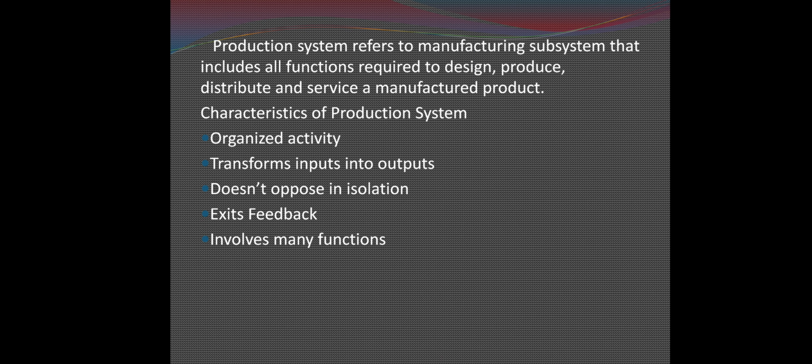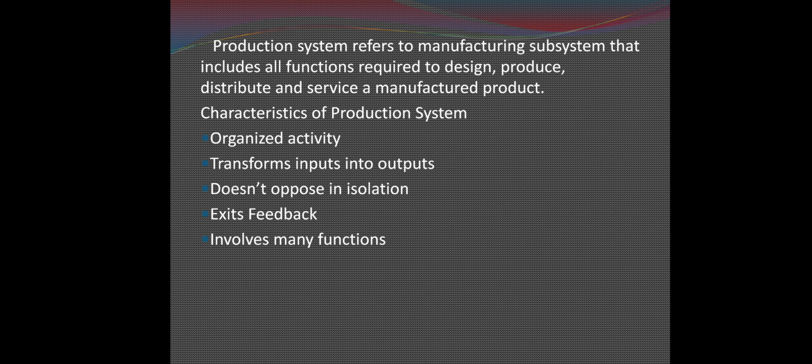As I discussed, production systems refers to the manufacturing subsystems that include all functions required to design, produce, distribute and service a manufactured product. There are some characteristics of production systems. First is organized activity, meaning while producing a particular thing, each and every activity should be organized.